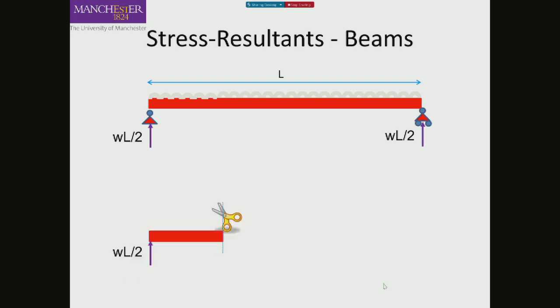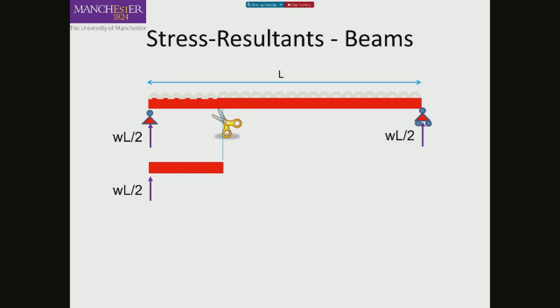Now, if you make a virtual cut here, with a pair of scissors, and then look at only one part of it, then this won't be under equilibrium, because these forces WL/2 minus this little bit of load must be balanced. Now this bit of load is missing from there, so let me.